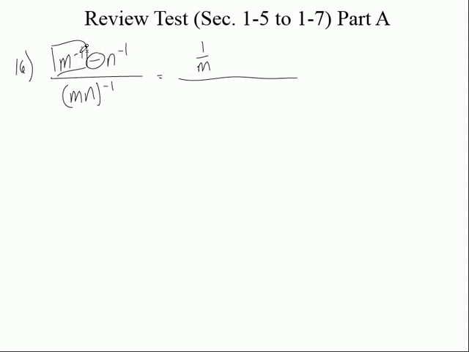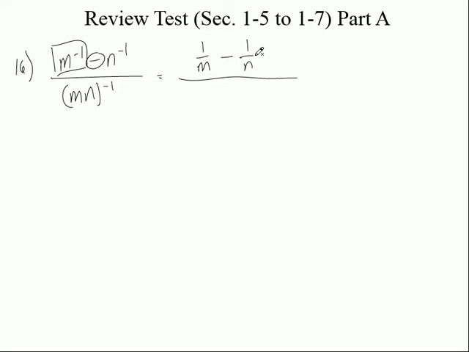So I can't separate it from this subtraction, or if it was an addition, it'd be the same deal. But I can take m to the negative first and make it 1 over m, right? There's a minus in between, so I still really haven't separated it, have I? All I did was change m to the negative first. Well, what do you think n to the negative first is? That's 1 over n. Good.